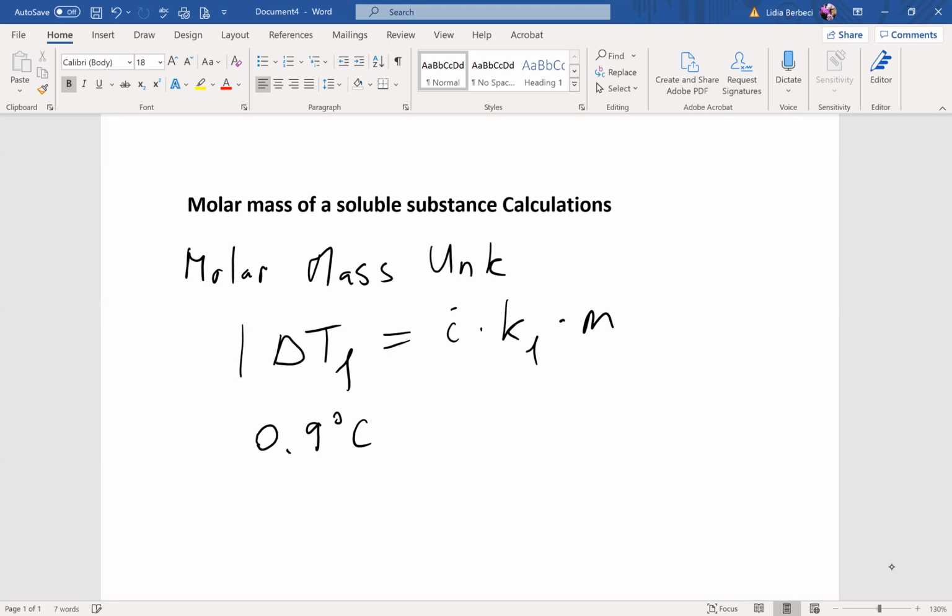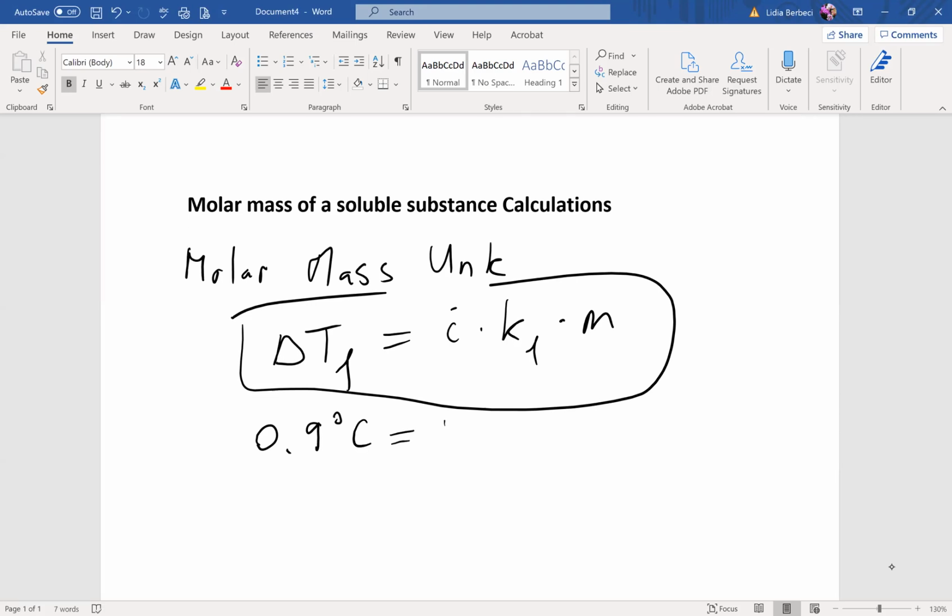From this equation, we're going to calculate molality first. So i is 1 and Kf, the freezing point constant, is 1.86 degrees Celsius per molal, times molality.